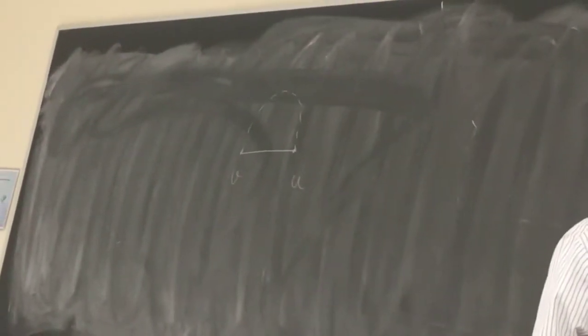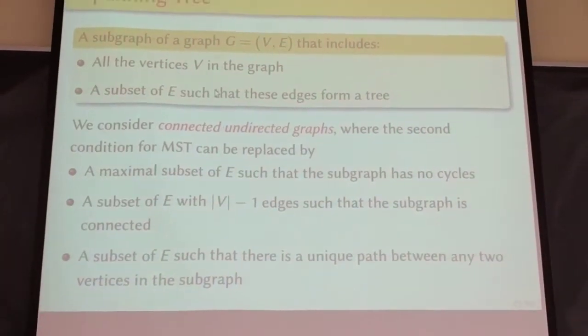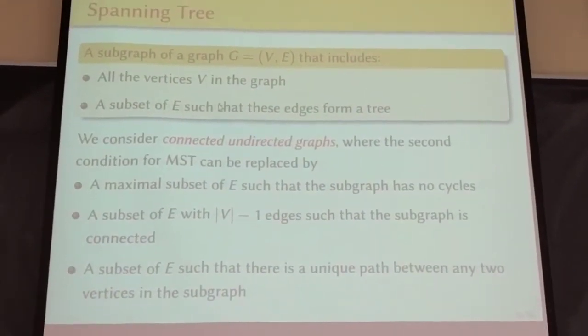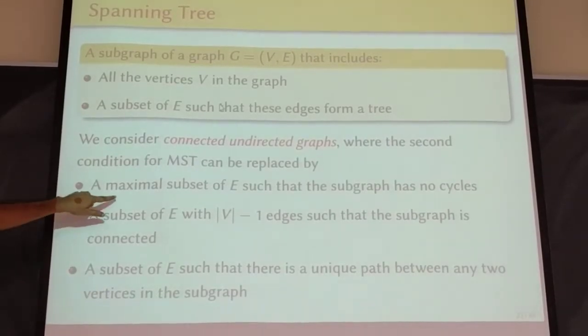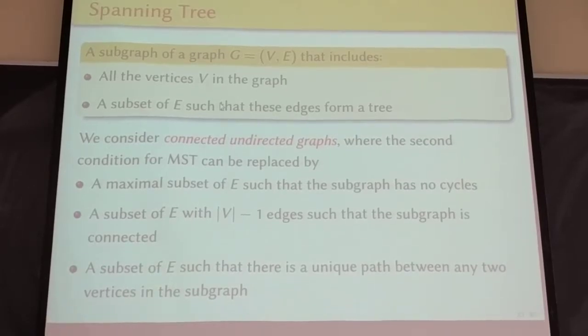That is what the first bullet says. It's a graph such that if you add even a single edge, it's going to have cycles, because the tree is a maximal subgraph without cycles.